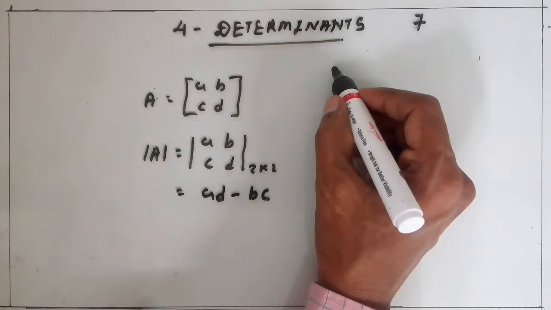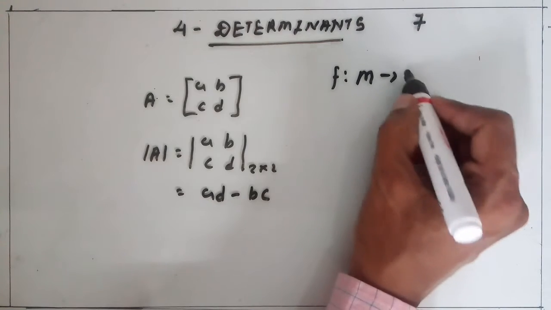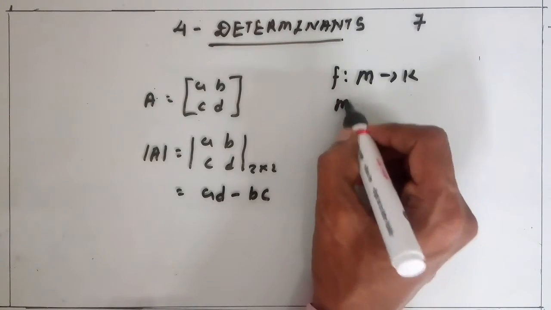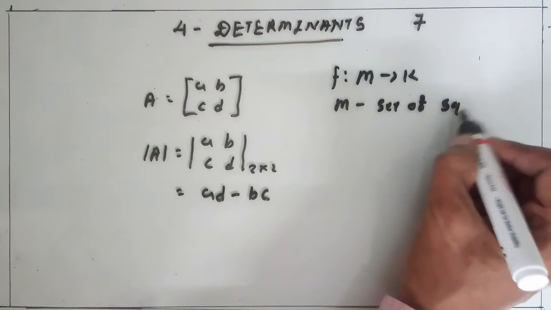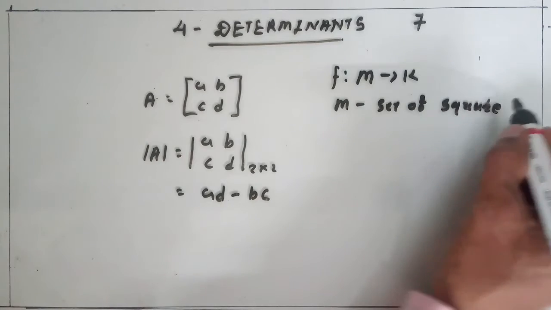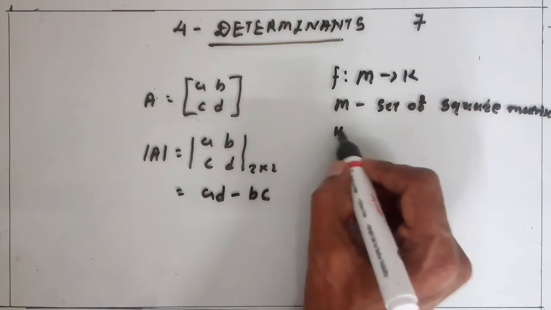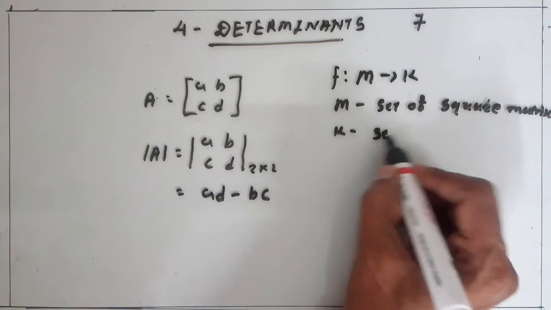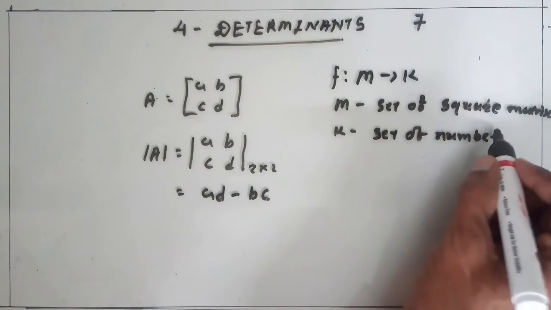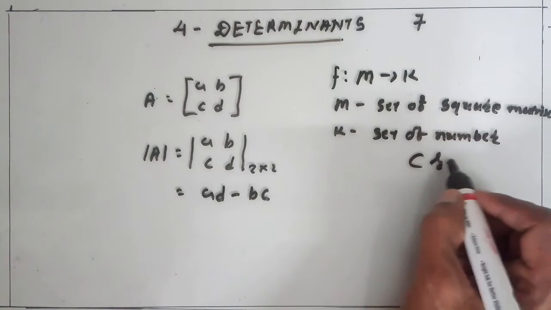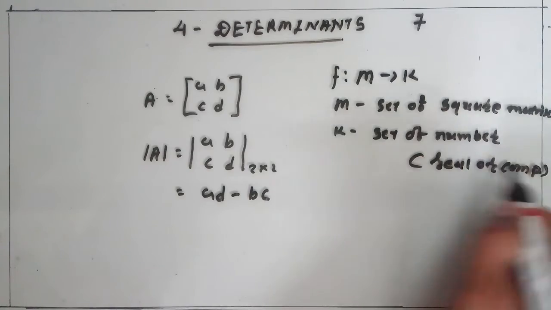Determinant is one type of function f from M to K, where M is a set of square matrices and K is a set of real numbers. Here the number may be real or complex. Remember this, complex number. Clear?